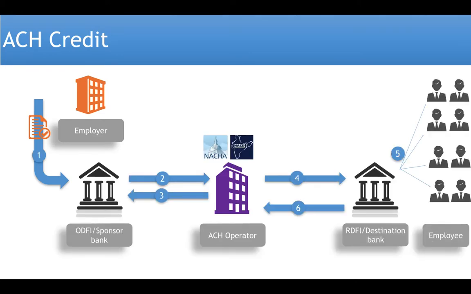Okay, so in the seventh step, once the ACH operator receives the response from the destination bank for this amount credit, the ACH operator will again segregate the records and share the response back to the sponsor bank.